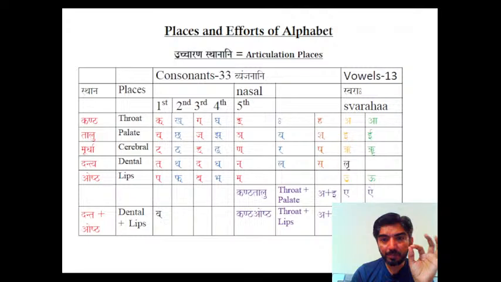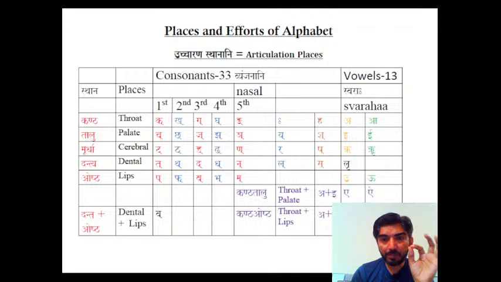Let me tell you, students, there are actually a total of 4 external efforts for each consonant, not 3. 3 from part 1, and from part 2, alpa prana and mahaprana, you have to take 1. So a total of 4 external efforts for each consonant.